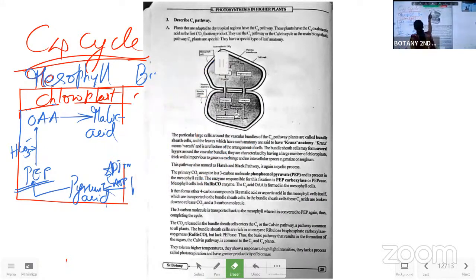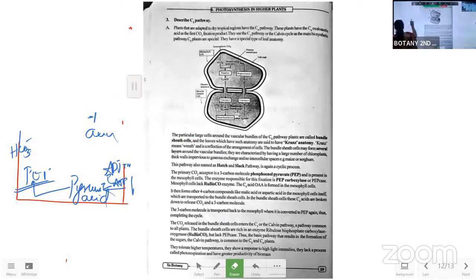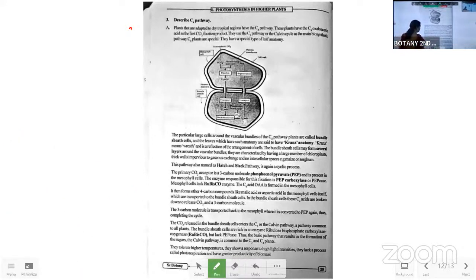The bundle sheath chloroplasts are somewhat bigger than the mesophyll chloroplasts, and these are arranged like a garland-like arrangement in the bundle sheath cells. The bundle sheath cells are colorless cells which are somewhat bigger in size.